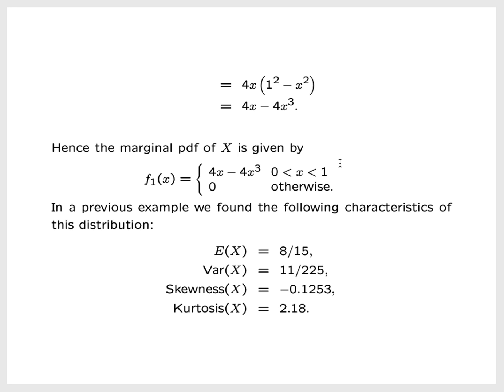So putting these two results together, we get the marginal PDF of x. It's equal to 4x minus 4x cubed for values of x between 0 and 1, and it's equal to 0 otherwise. Now, we've worked with this distribution before, and we found the values for the mean, the variance, the skewness, and kurtosis, so I've listed those values here.